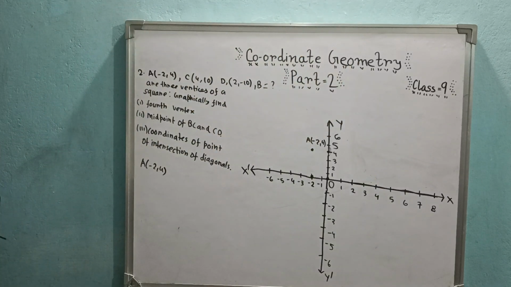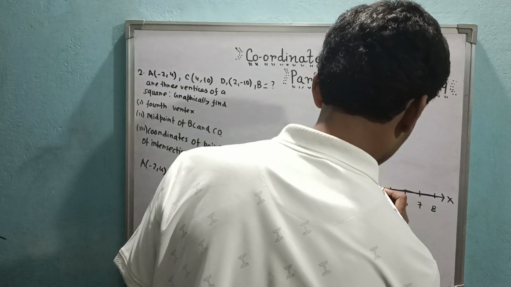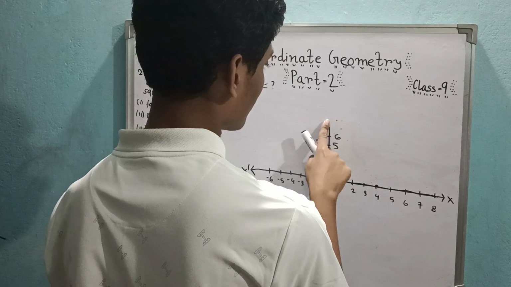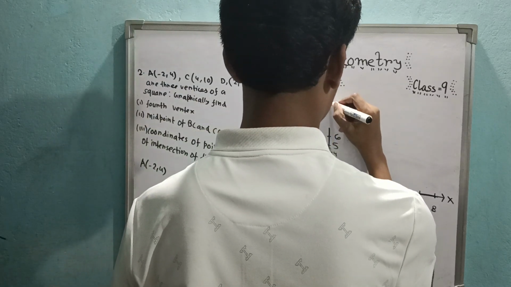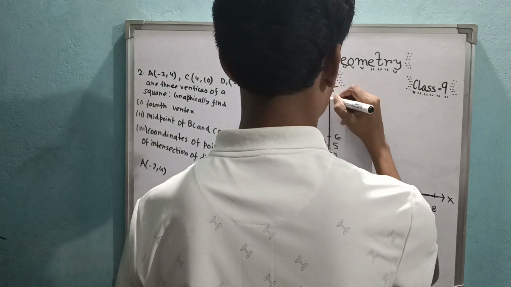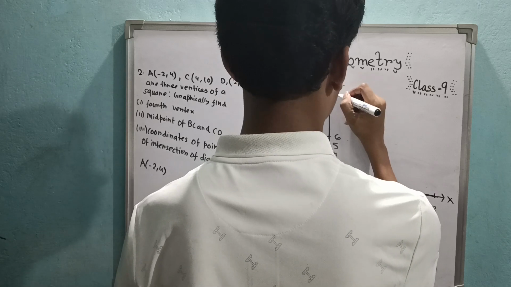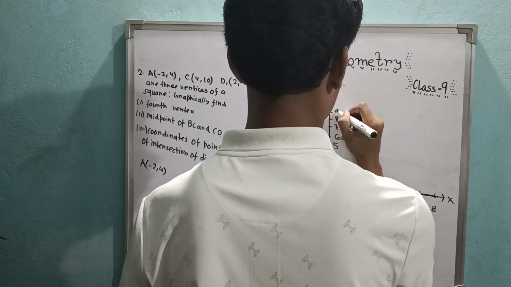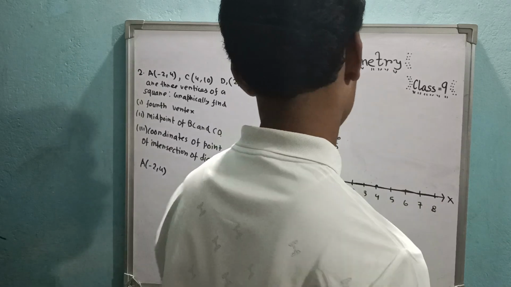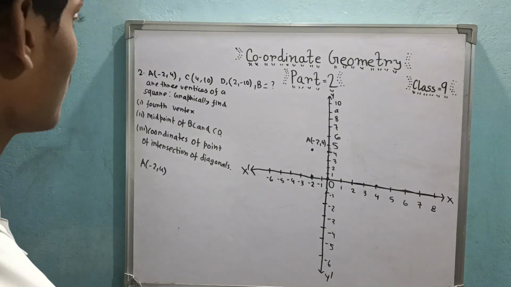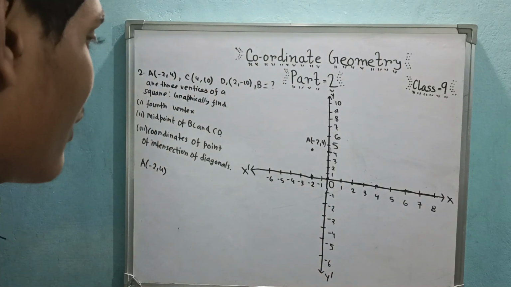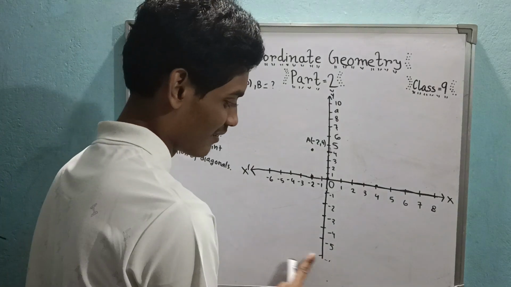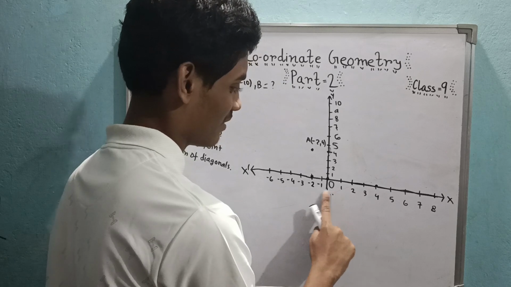Now C, 4 comma 10. 4 units on the x-axis here, 10 units on the y-axis. I have to increase this. It's taking a lot of space. My graph might fall short for this. I need to drastically change the area.